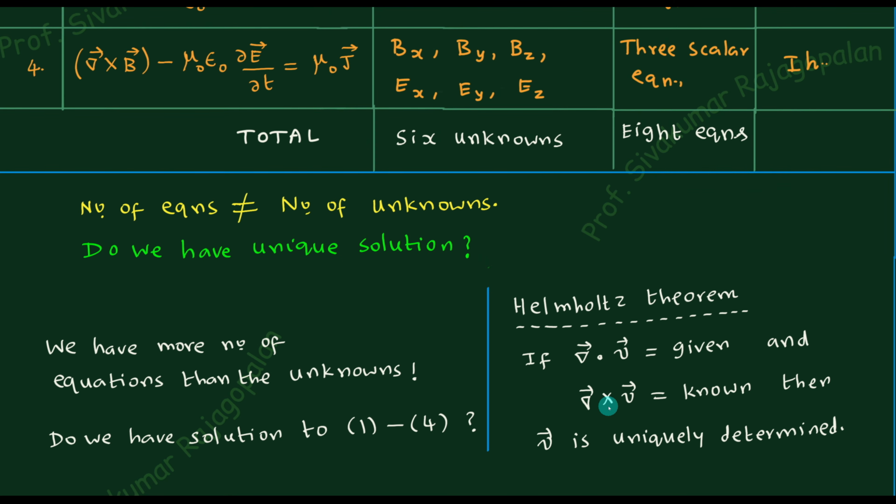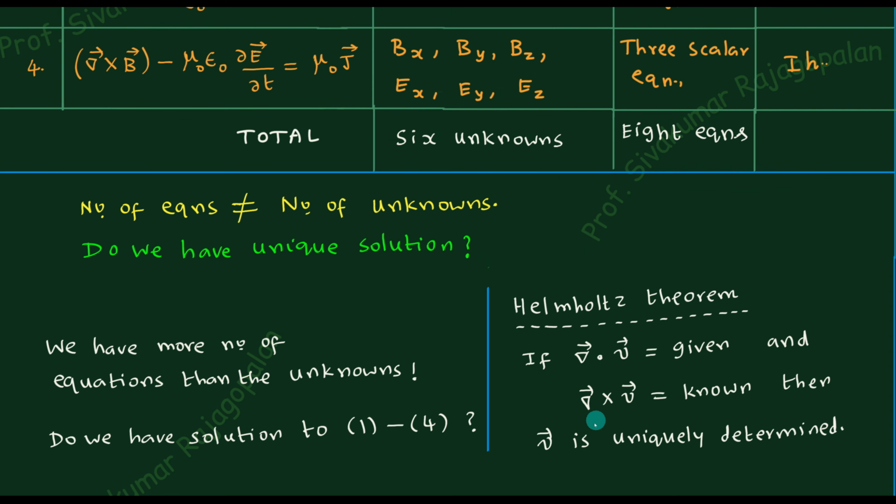So this is about circulating around the point, and this is deviating away from the point. Gradient tells you the direction of maximum increase, and finally the Laplacian operator tells you the arithmetic mean of all the surrounding points about a point. So these are the geometrical interpretations of the divergence, gradient, curl and Laplacian. All these things are involved in obtaining the Helmholtz theorem, and you don't have to worry about all of them, but for the time being, this is enough.